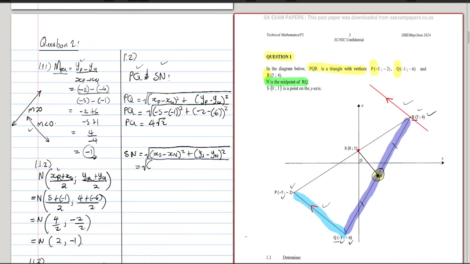We need the coordinates for N as well, but we did calculate them. Coordinates for N are 2 and minus 1.